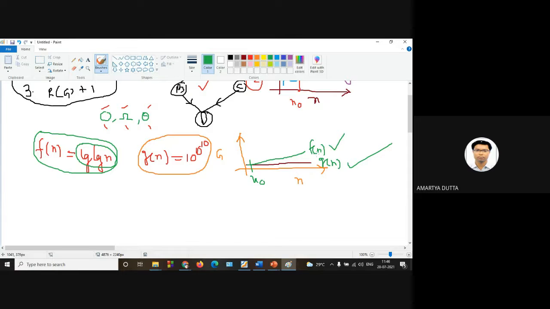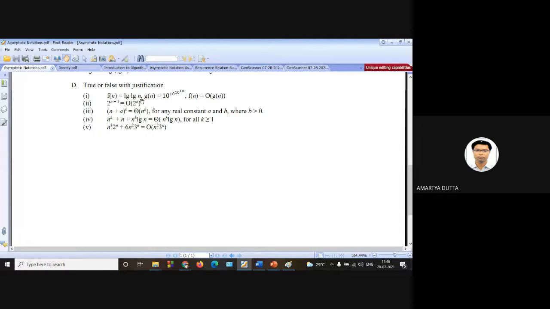So which one is faster? It is clear that Fn is faster with increasing input size n. So that's why Fn is big omega of Gn. Gn is the lower bound, it is not the upper bound. In your question, it is said that Fn is big O of Gn. So that's why this is false.